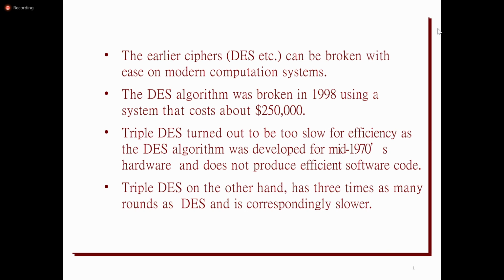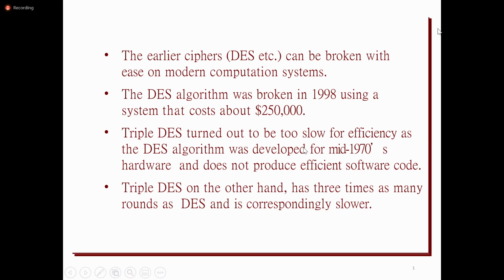Different types of attacks can be done over DES, like generic and non-generic attacks, chosen plain text, known plain text, chosen ciphertext, and so on. So it was proved that DES can be broken. In the last slides we saw how much cost they spent and how much time was required to break DES.